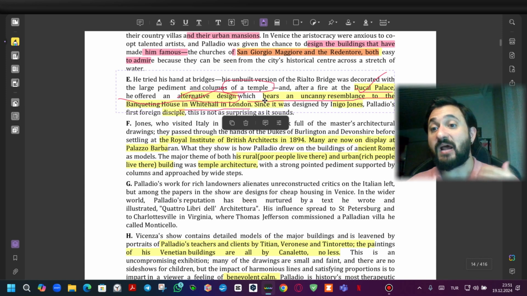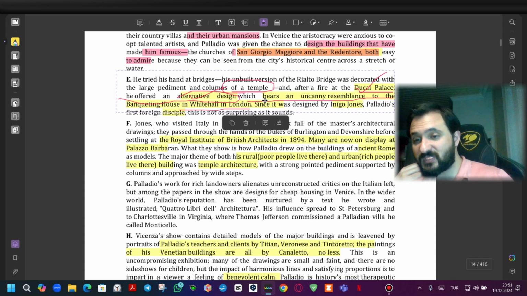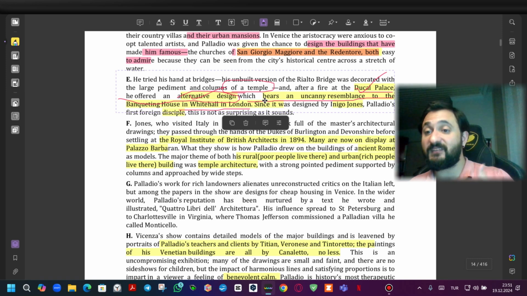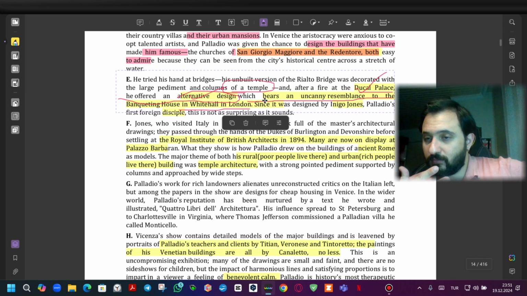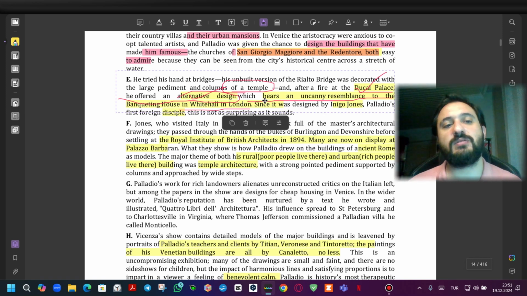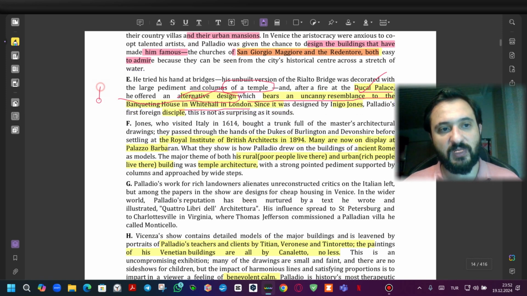Second one, bear the cost. It means I'm paying for someone in a restaurant or somewhere. Third one, bear the problem. I can bear it. It means I can handle, deal with, resist. Okay, it has different meanings. So bear an uncanny resemblance means it is showing the same characteristics to the banqueting house in Whitehall. So I try to keep in my mind this is true, and I will continue.